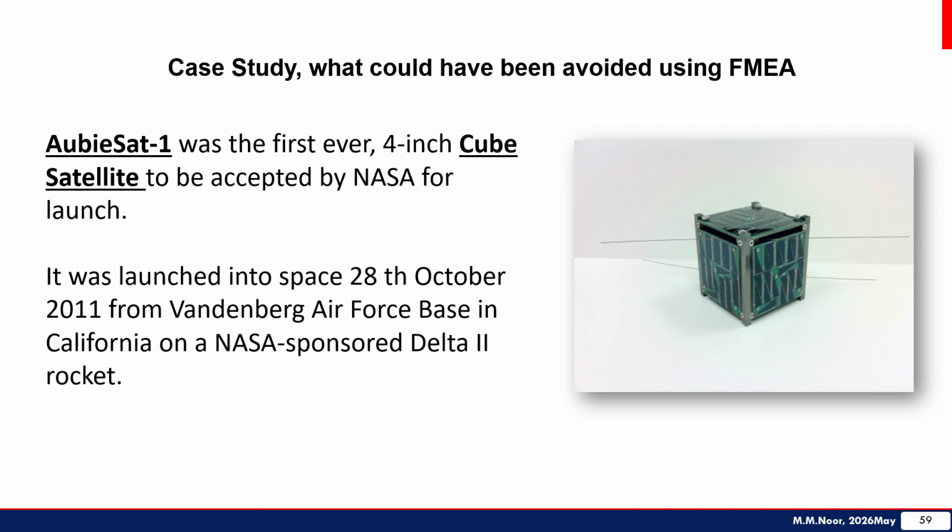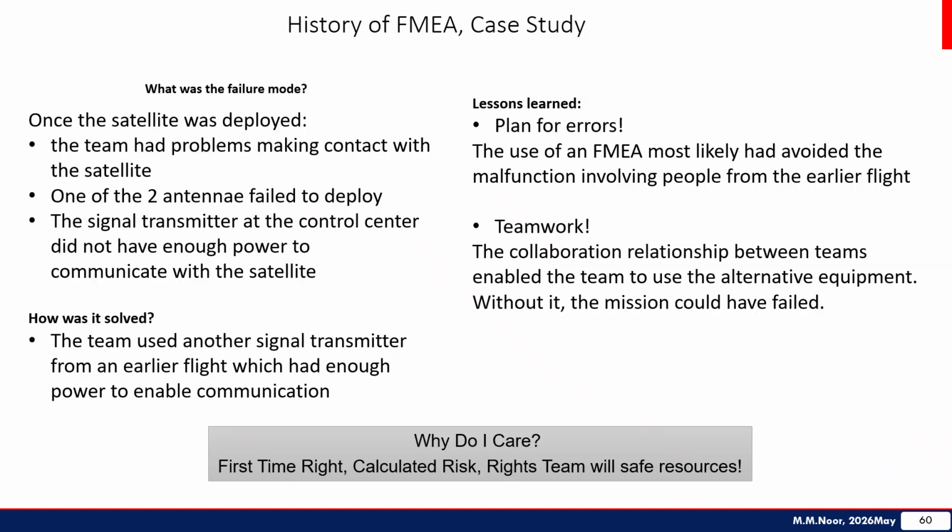Our BISAT first launch, this is quite small, a 4-inch cube satellite by NASA. It was launched into space on 28 October 2011 from this Air Force base. But the problem is that one of the two antennas failed to deploy, and so it did not function.